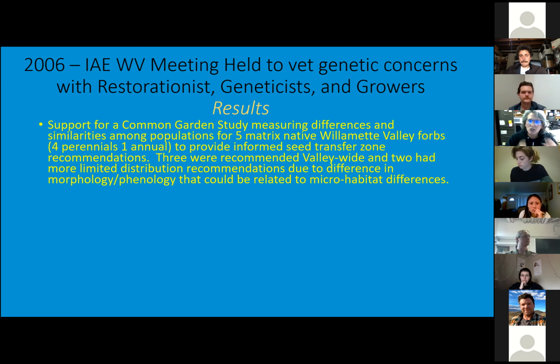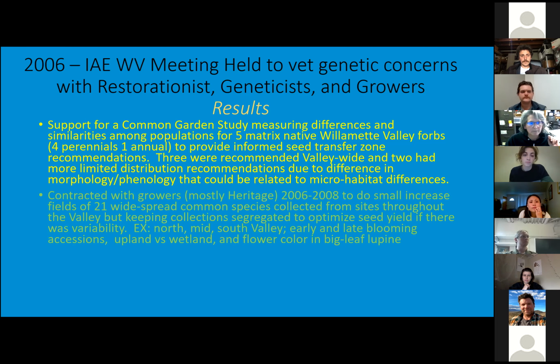This information was to inform the seed transfer zone recommendations for just those 5 species. Three were recommended valley-wide, but for 2 they decided there were enough morphological and phenological differences, probably related to microhabitats, that they didn't recommend valley-wide collection.